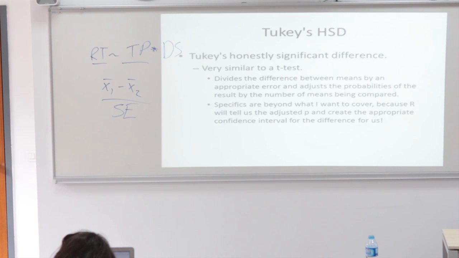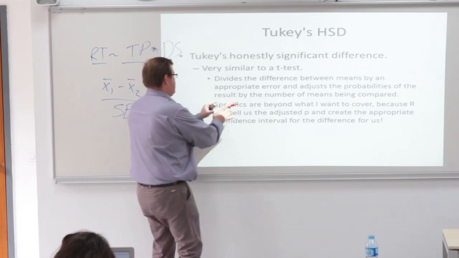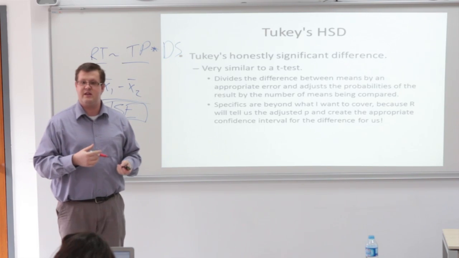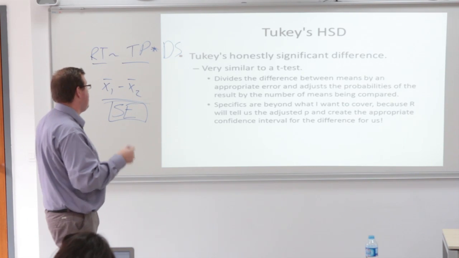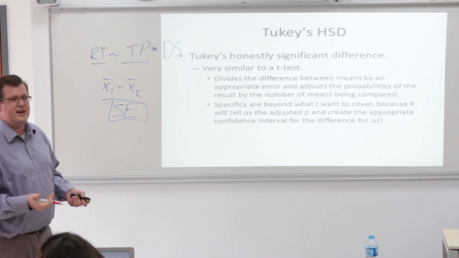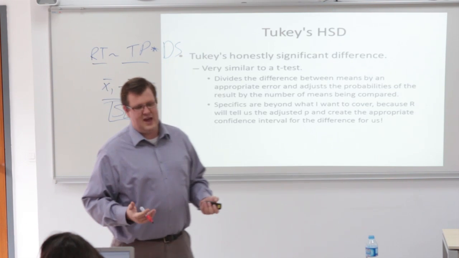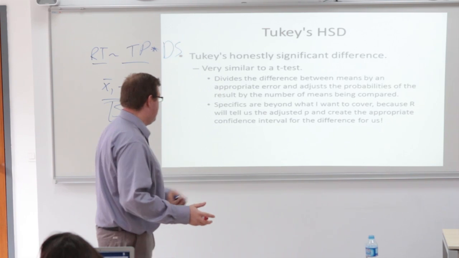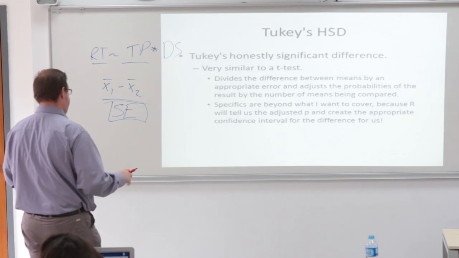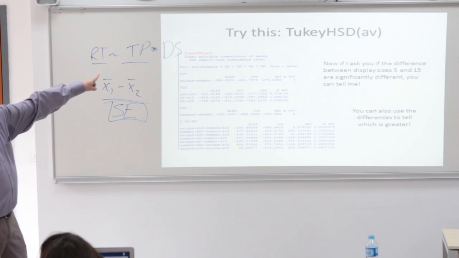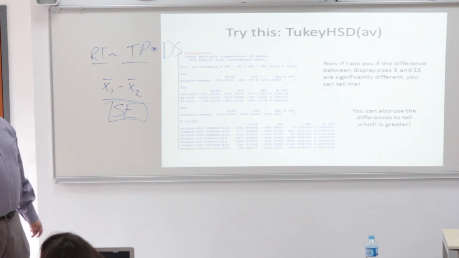I'm not going to cover the specifics about how you get each standard error for the different comparisons you might make, because R will do this for us. This is one instance where I feel kind of bad because I'm not going through all of the steps, but I think we already have enough level of difficulty for us. So try this: TukeyHSD, AD.